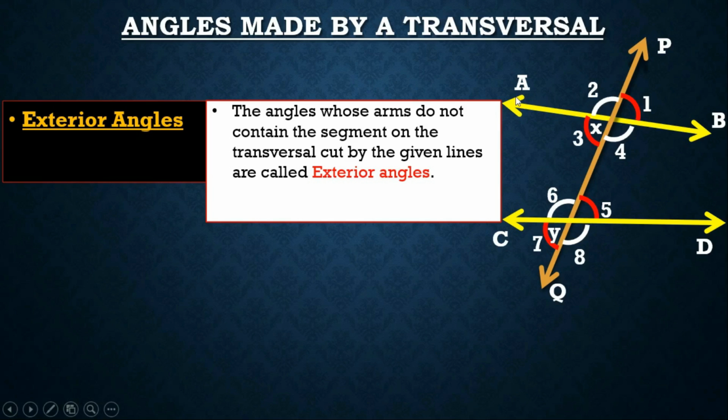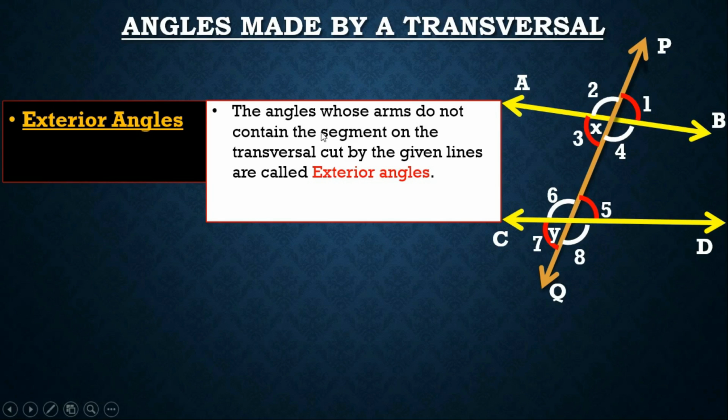Also, this angle AXP is formed by the transversal line. Here this line PQ is a transversal line. So angle AXP is formed by the coplanar line AB and the transversal line PQ. Angle AXP does not contain this segment XY.